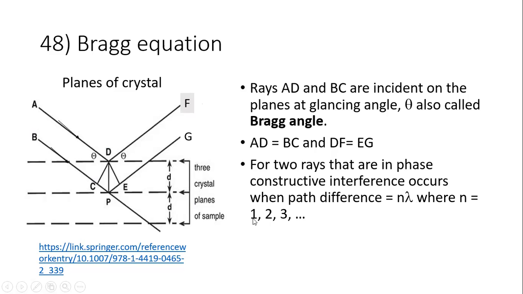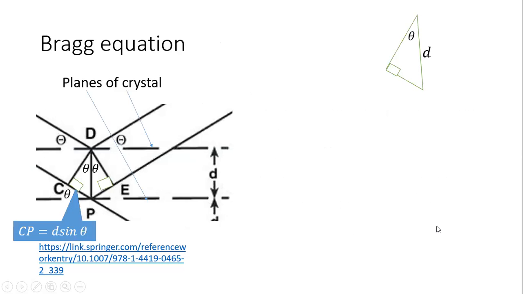The n is a whole number, 1, 2, 3. So it means that the path difference CP and PE must be equal to n times lambda. Lambda is the wavelength of the X-ray. Okay, that's what we have said.